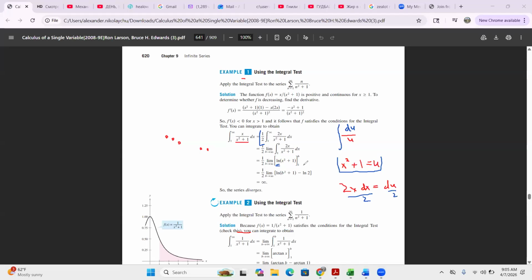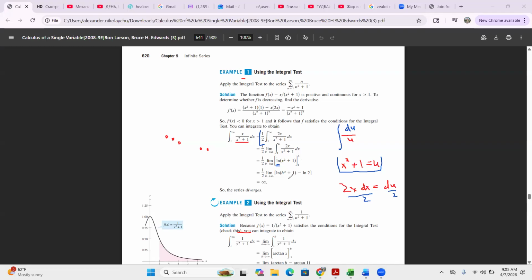And now here comes the trick. Remember the trick? You don't integrate all the way to infinity, but you stop at b, because then you turn this into a limit. So you can calculate the actual value of the ln and then plug b into it. And then when you take the limit, you will see if that's infinity or not.